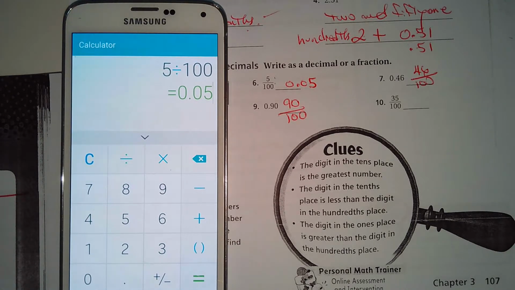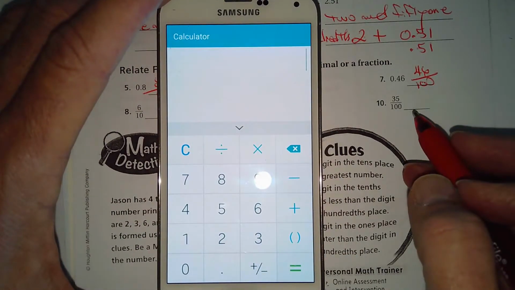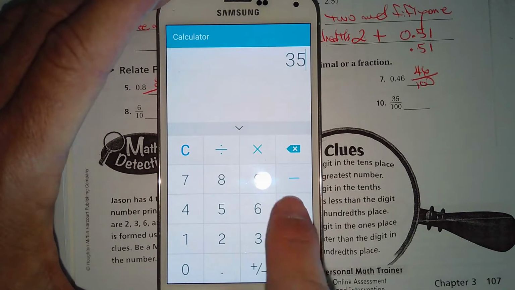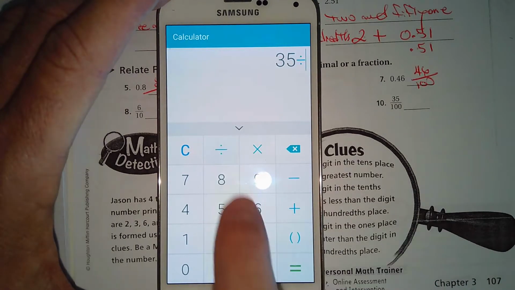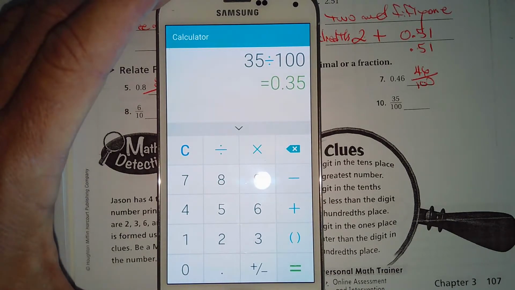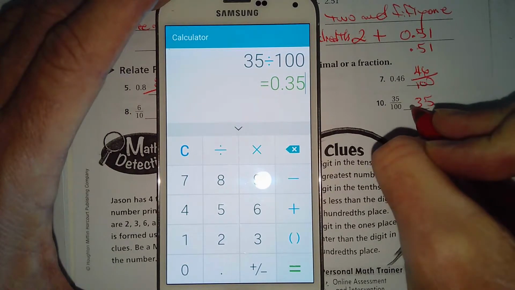Now, let's look at number 10 here. This is 35 divided by 100. That's going to be 0.35. All right?